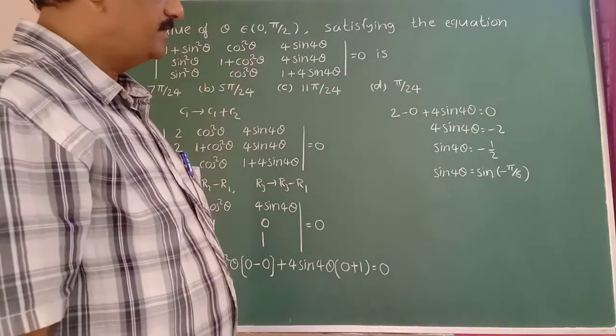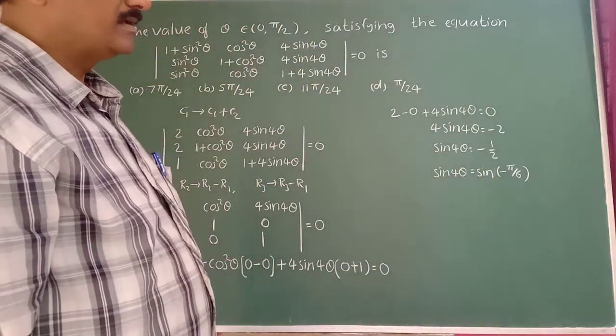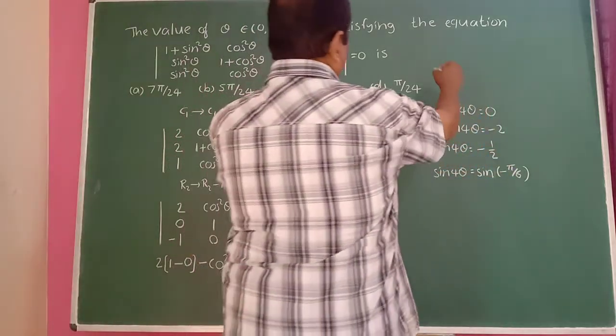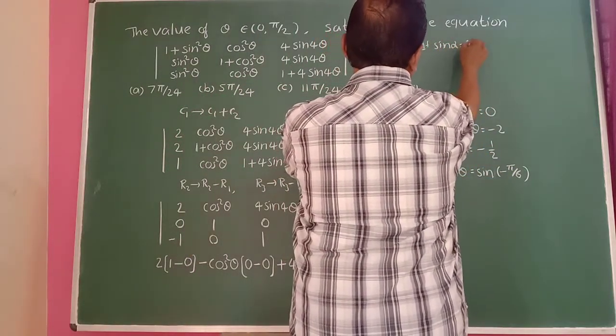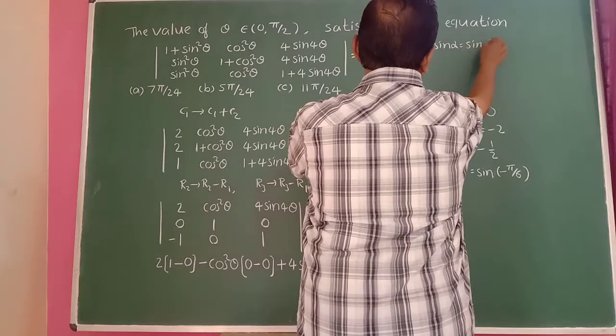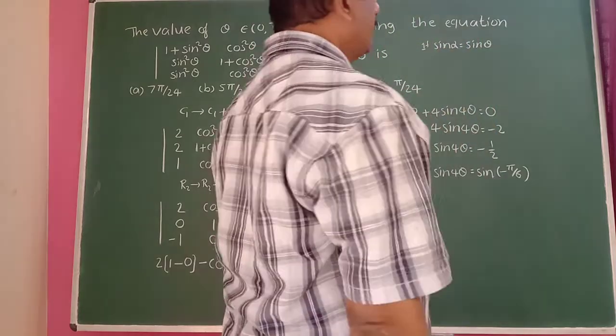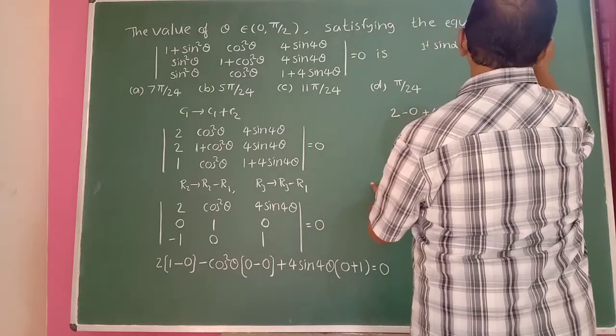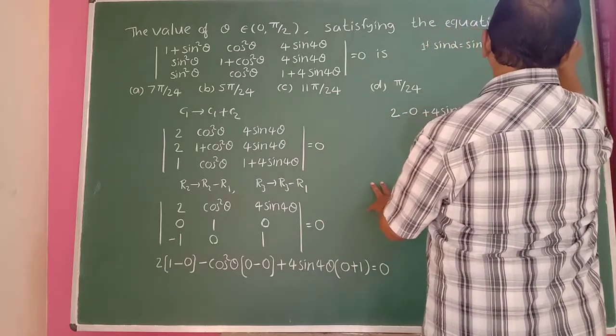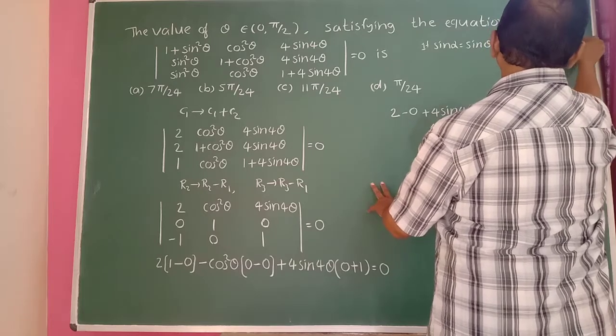In the PUC first year, formulas are there. If sin alpha is equal to sin theta, then the general solution is alpha is equal to n pi plus minus 1 raised to n into theta.